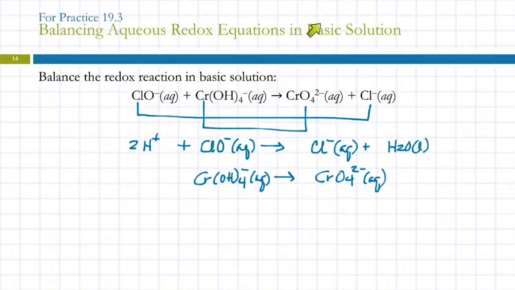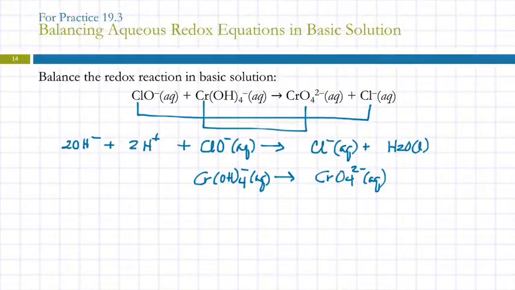But this is in basic solution. So I need to get rid of these 2 H pluses. I do that by adding 2 hydroxides. Because 2 hydroxide ions and 2 hydrogen ions make how many water molecules? 4. That's the answer to the other one.